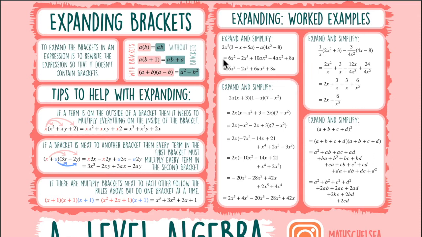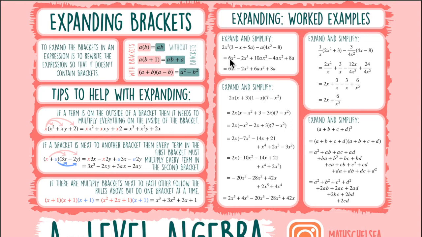So just looking at this top example and just this bracket here, 2x squared is on the outside of this bracket. When we expand this bracket here, this term is a multiple of 2x squared, this term is a multiple of 2x squared, and this term is a multiple of 2x squared, i.e. 2x squared occurs in each of these terms. It is a common factor in all of these terms.